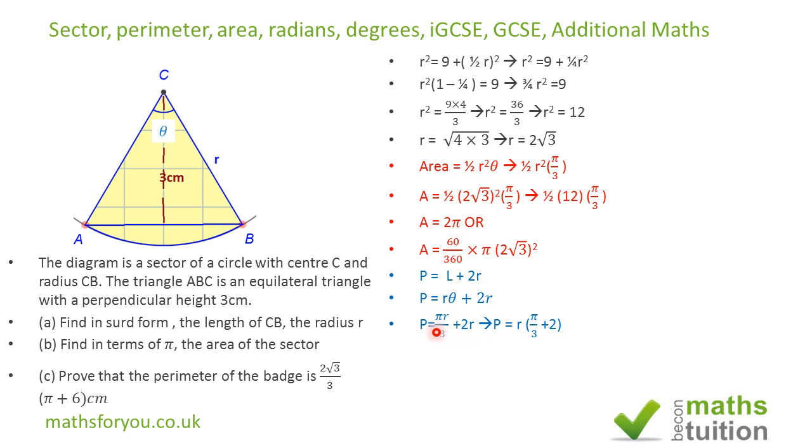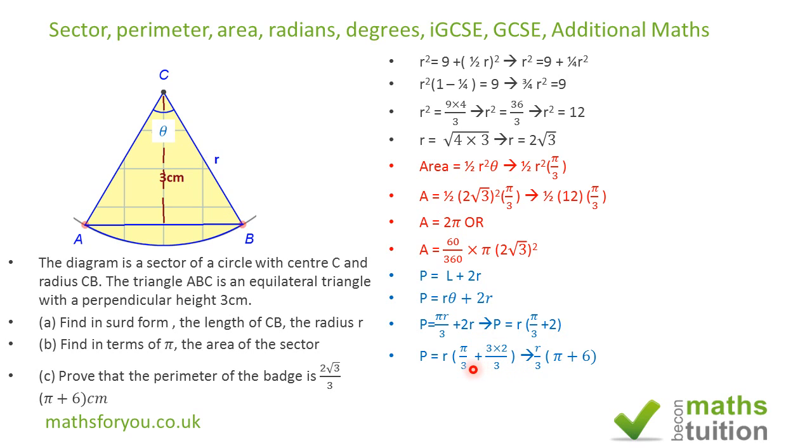So if we then isolate R, we have that P is equal to R into (pi over 3 plus 2). Now, if we then multiply 2 by 3 and divide by 3, we have that P is equal to R into (pi over 3 plus 3 times 2 over 3). That makes no difference at all, because if we multiply the top by 3 and the denominator by 3, that makes no difference.